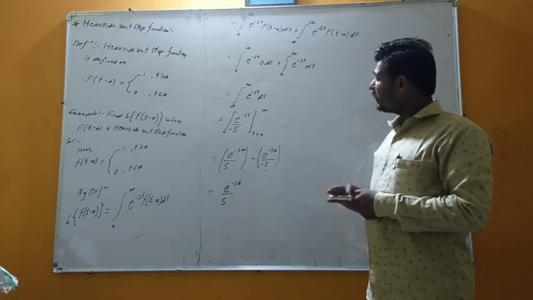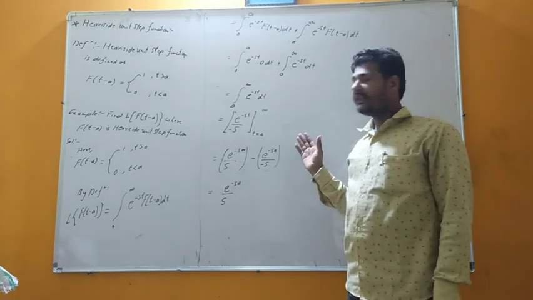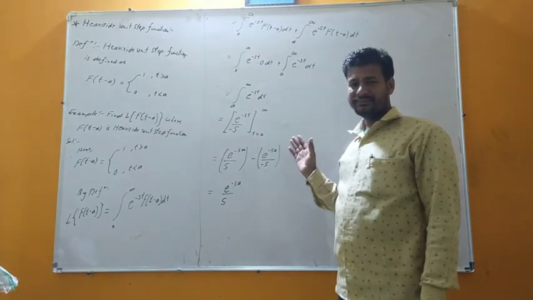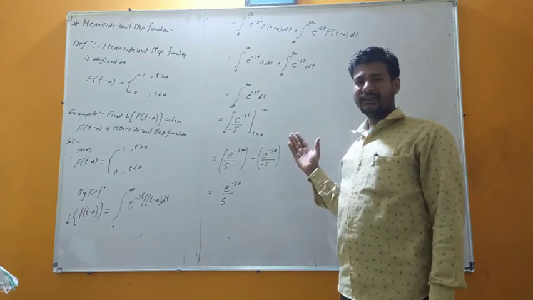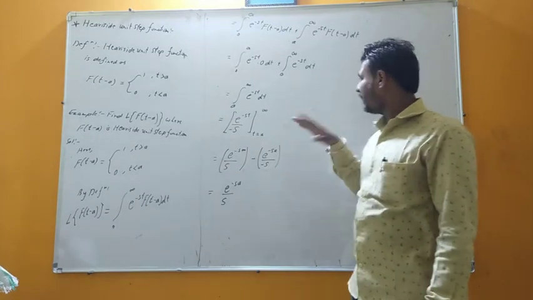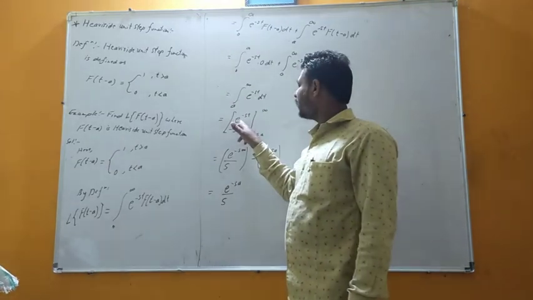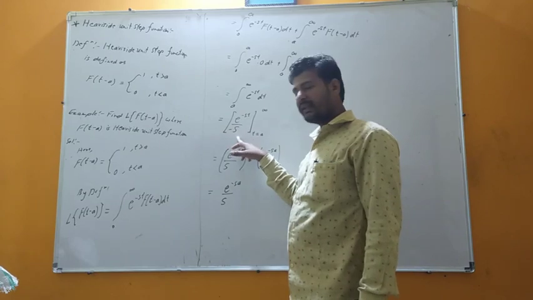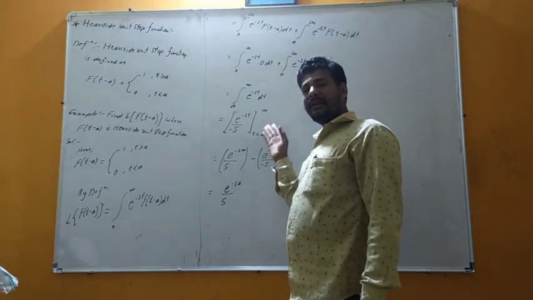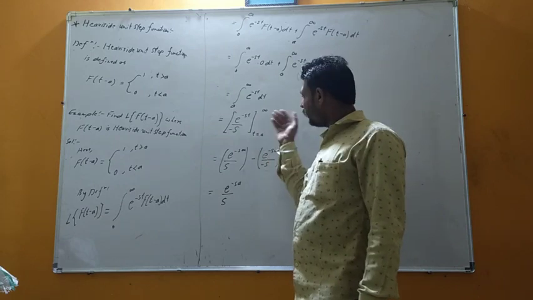Directly we take the integration: the integration of e raised to x is e raised to x, and e raised to f of x is e raised to f of x upon f dash of x. So the integration of this is e raised to minus st upon minus s, with t varying from a to infinity.